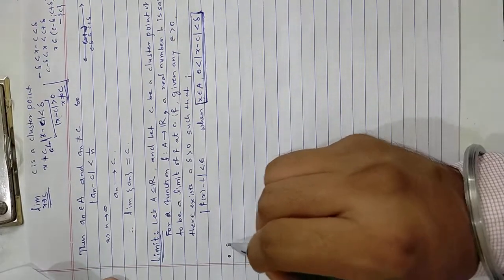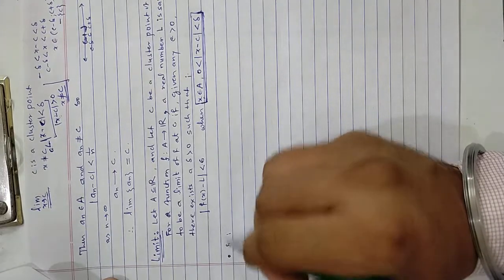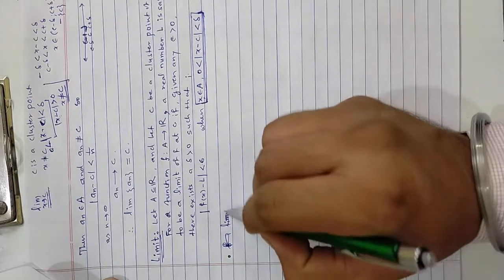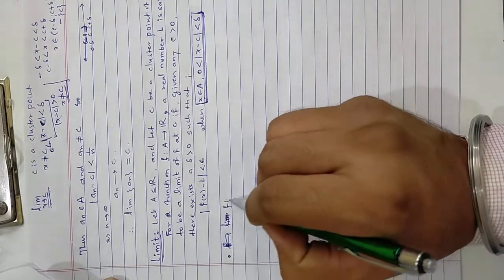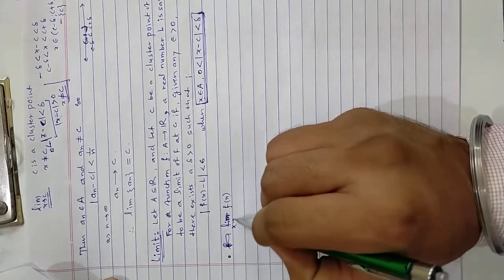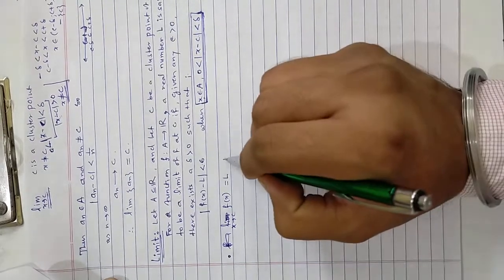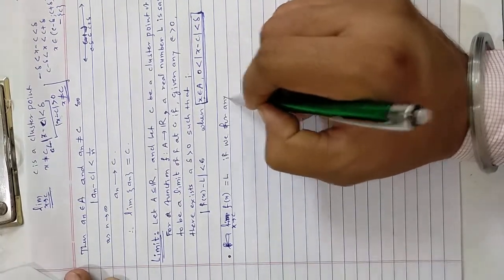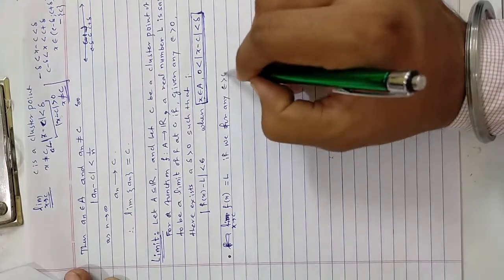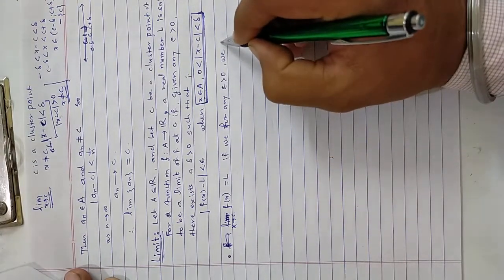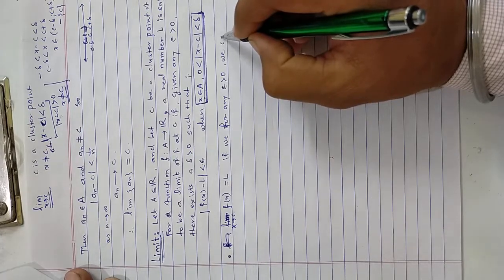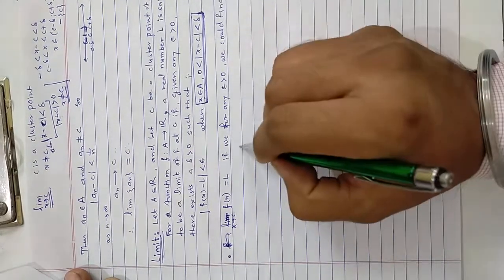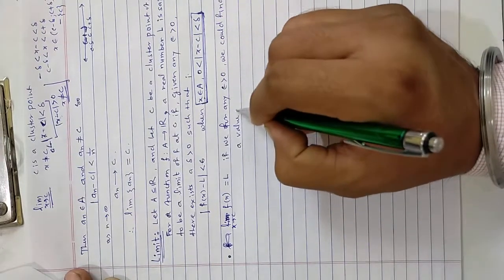So delta, it means that limit of fx as x tends to c is equal to L if for any epsilon greater than 0 we could find a value of delta.